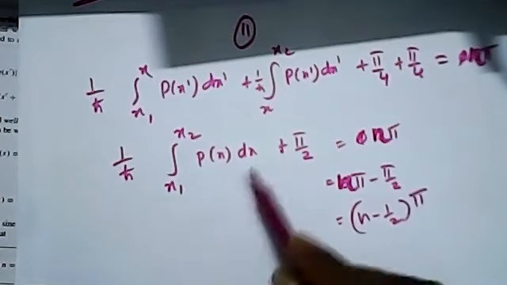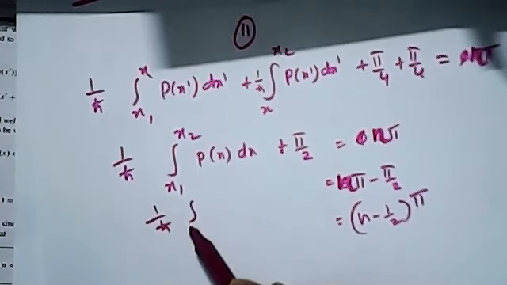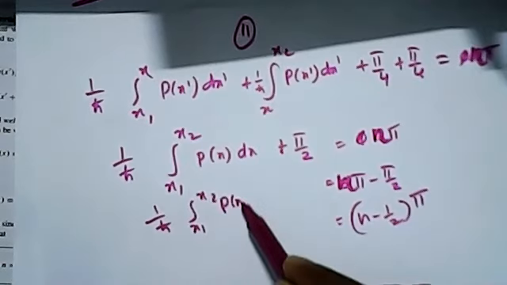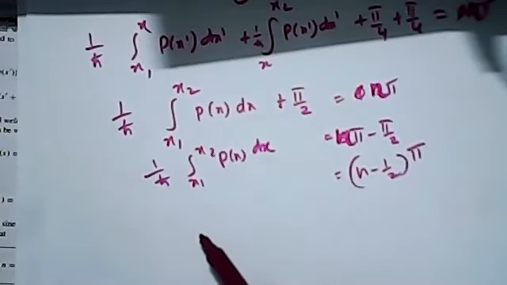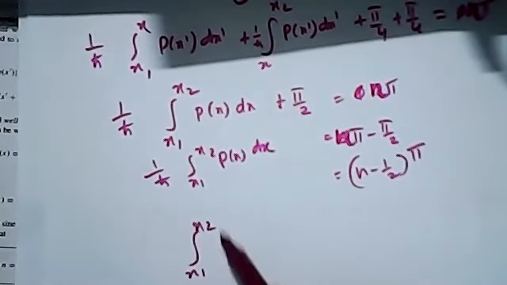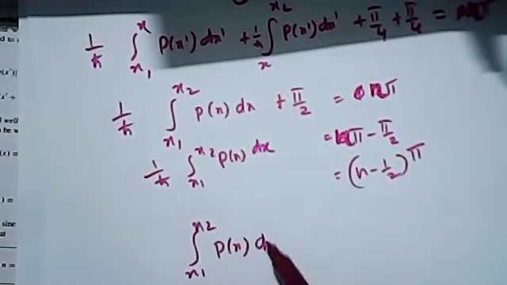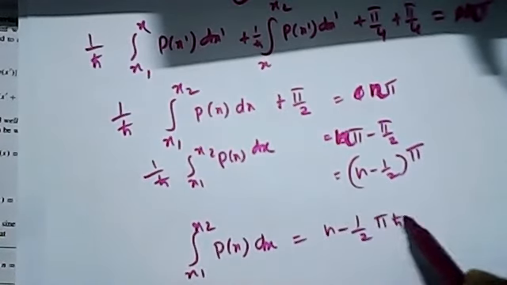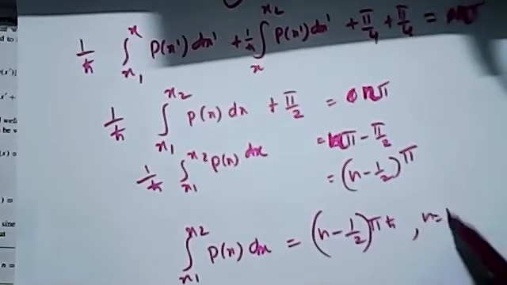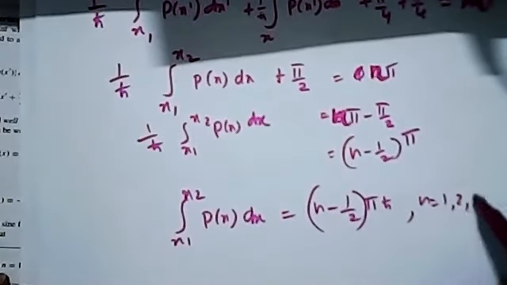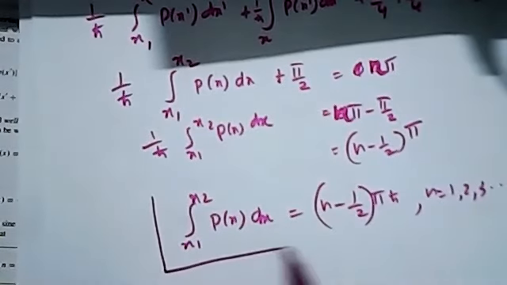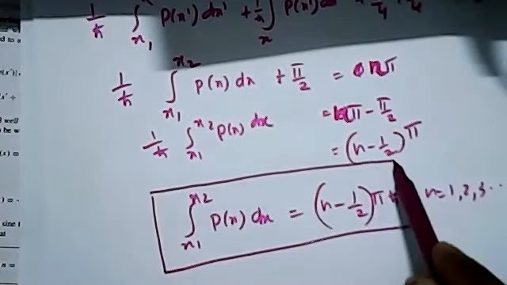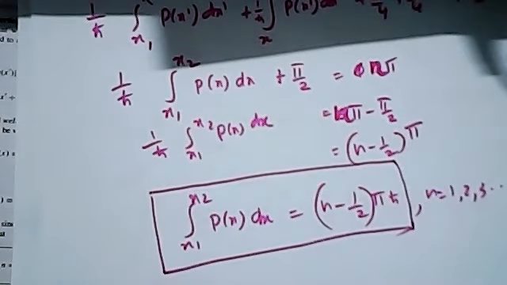Which is 1 by h cross integral x1 to x2 p dx equal to this. So let this h cross go to the other side. You get integral x1 to x2 p of x dx equal to n minus half into pi h cross, where n equal to 1, 2, 3, etc. This is the condition we obtain for the potential well without any vertical walls.